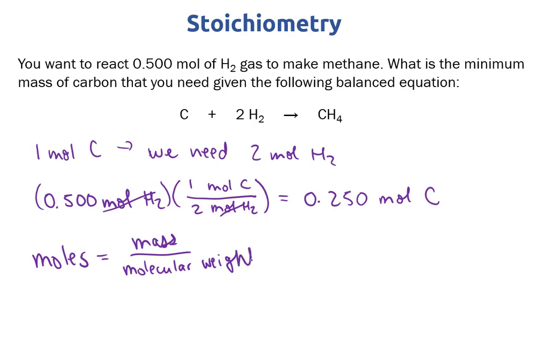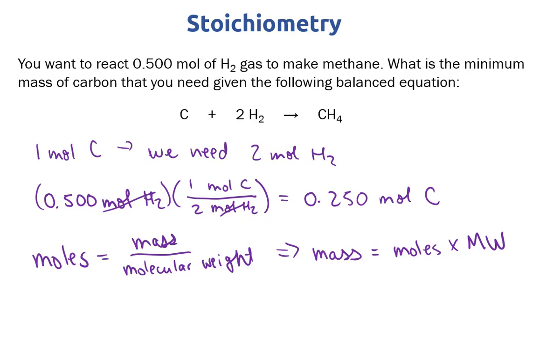We can rearrange this. In this case, we're solving for mass. We have moles, so we're going to do a cross multiplication to isolate for mass. We're going to say mass is moles times MW, for molecular weight, instead of writing it all out. We need to make sure we have the molecular weight, but we do already have the moles.